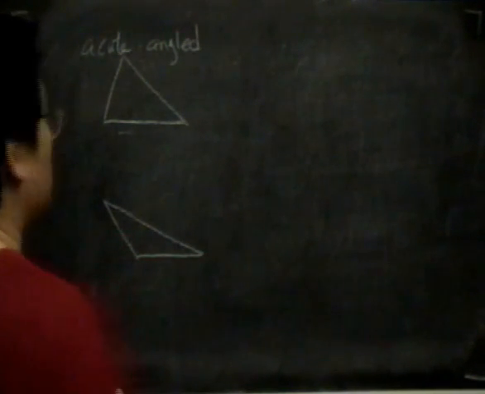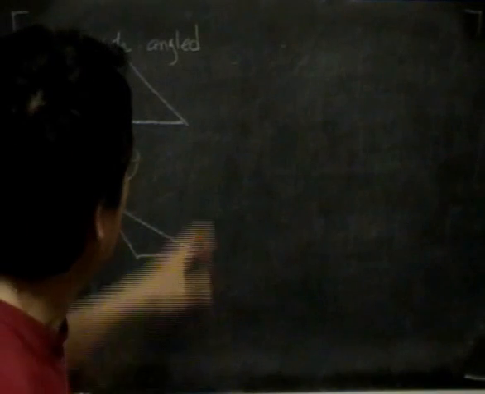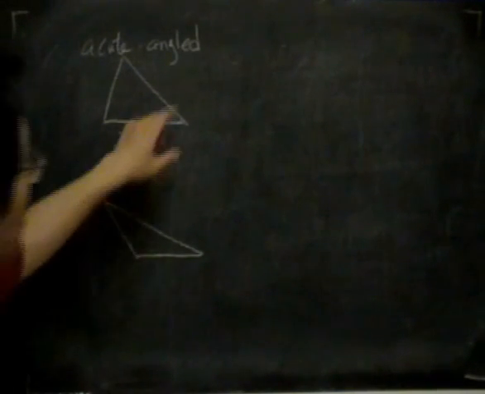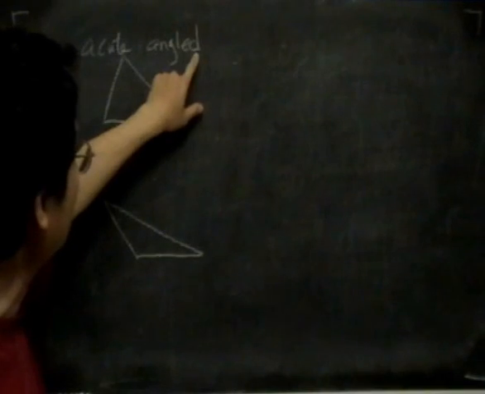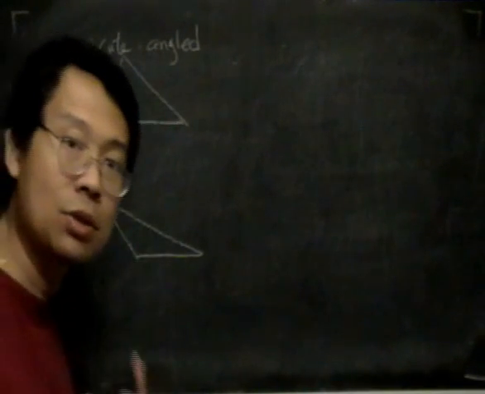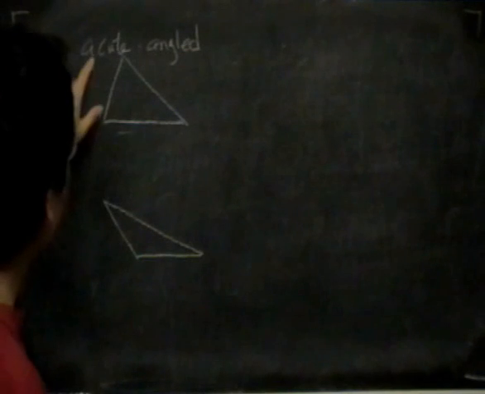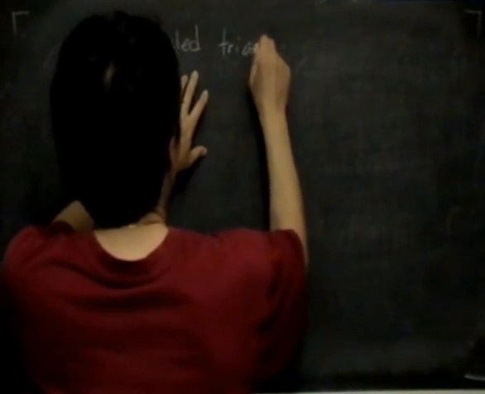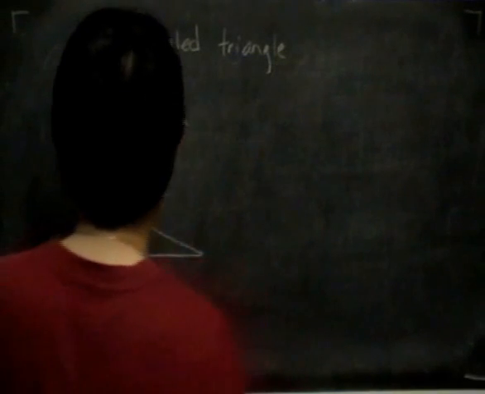We call that acute angled. So we have a D at the end of that to turn the angle into an adjective. So this is an acute angled triangle. Okay.